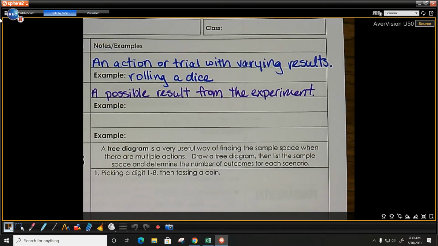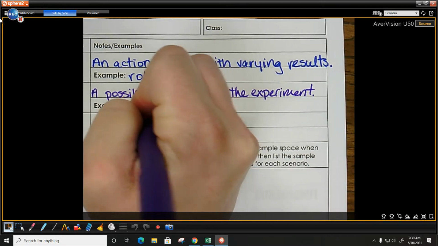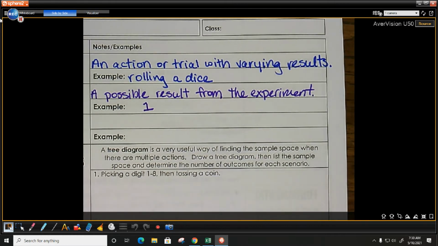So if I'm rolling a dice, what's a possible outcome? 1. I heard 1 first. We'll go with 1. That's a possible outcome.